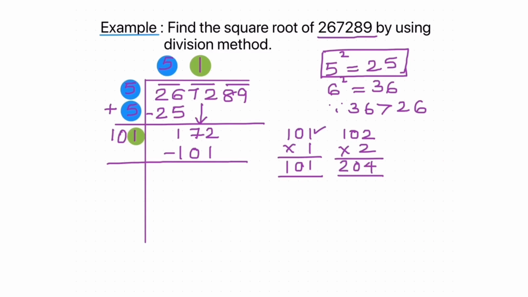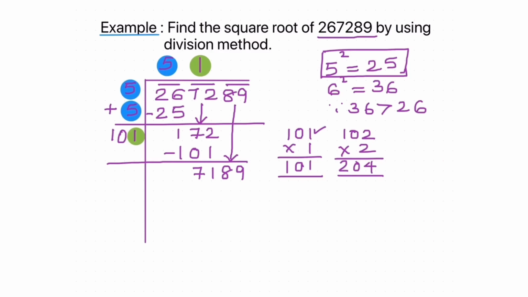The remainder is 71. Next, we will bring down the third pair. Now, our new dividend will be 7,189.